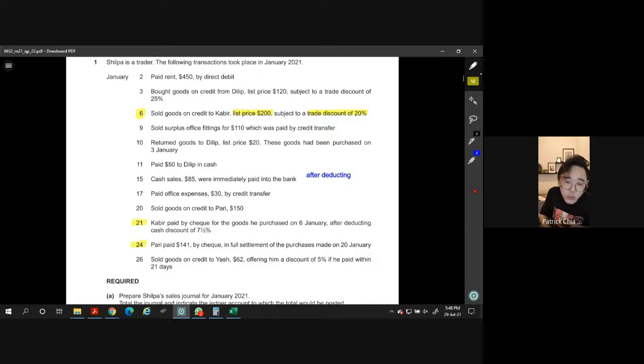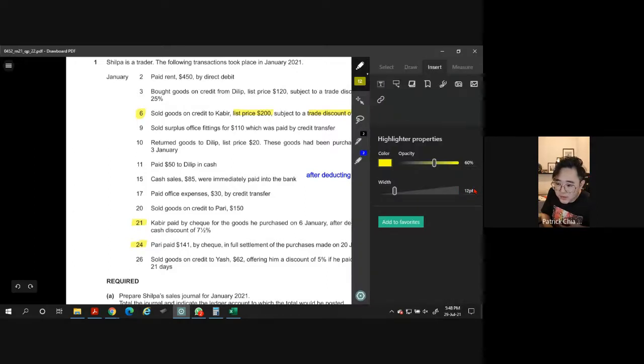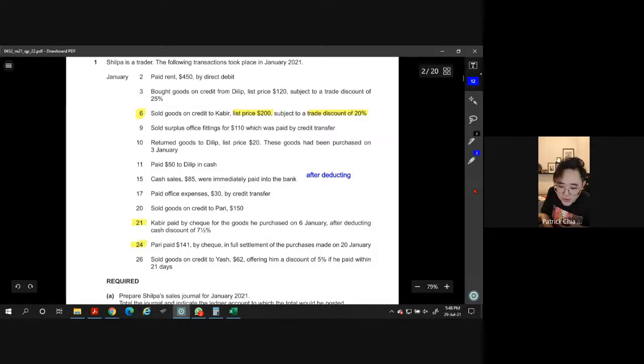So can someone do a quick math for me? How much here, after minusing the trade discount? So how much Kabe owes us? 160. Thanks. All right. So what is the double entry here now? On the 6th, what do we DR and what do we CR here?